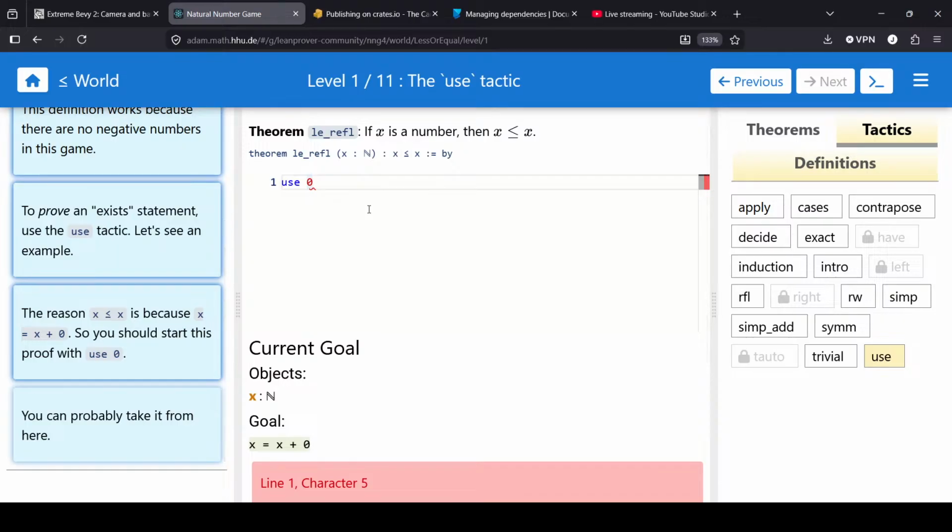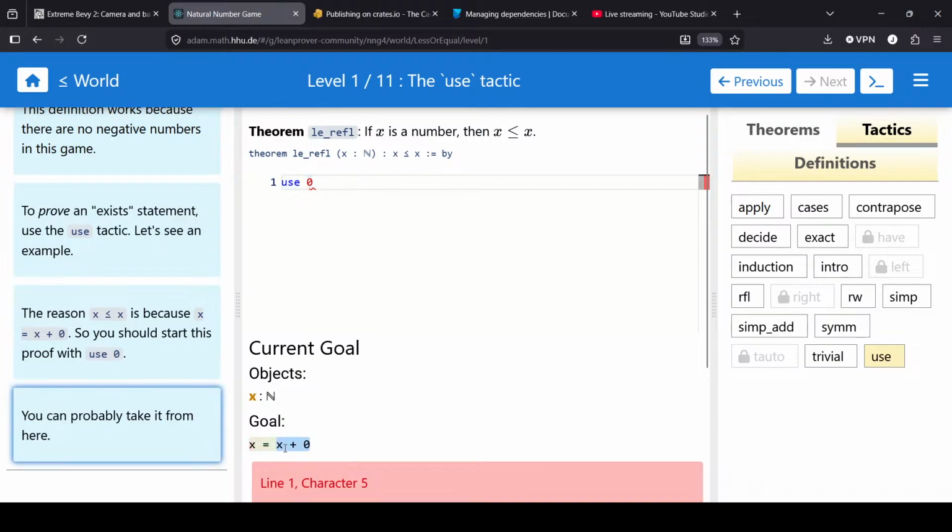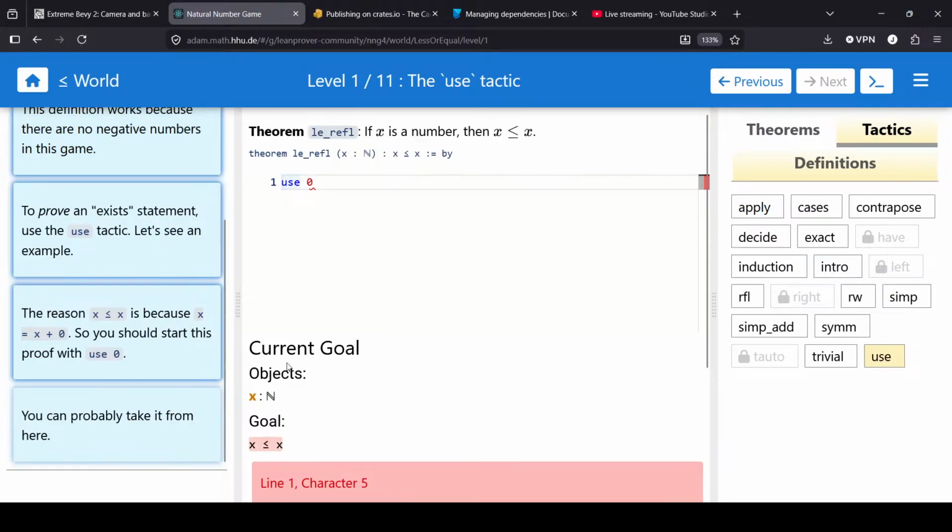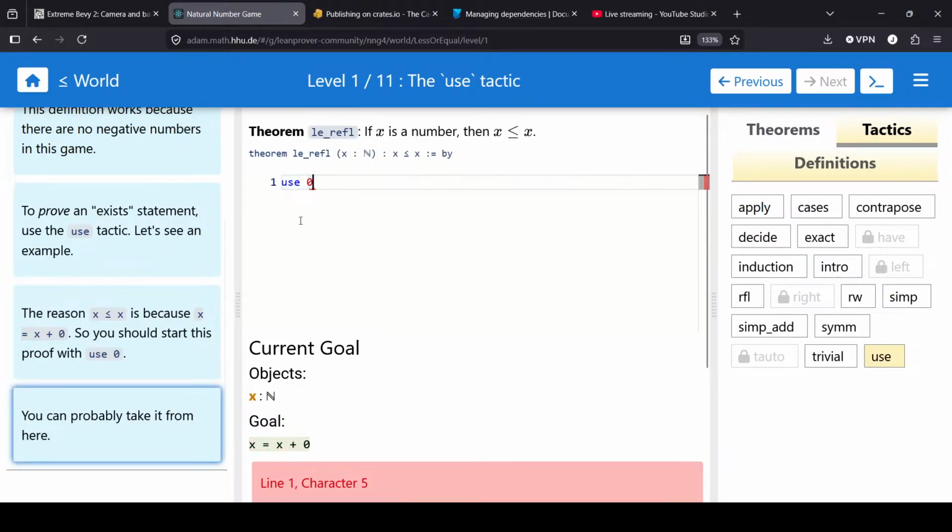I'm a little bit weirded out by how it went from this to this. Does it always take it to equals and then plus like that when you use the use tactic? What does use do?